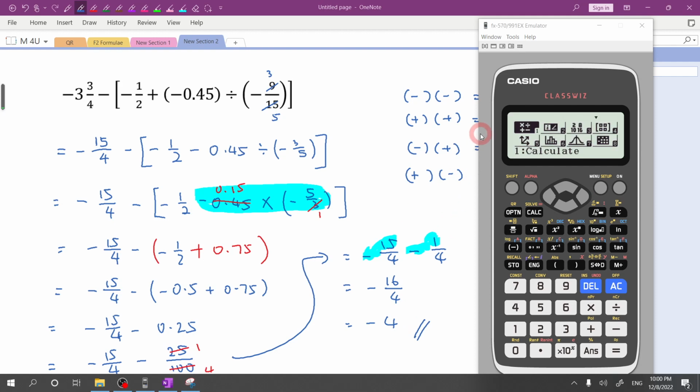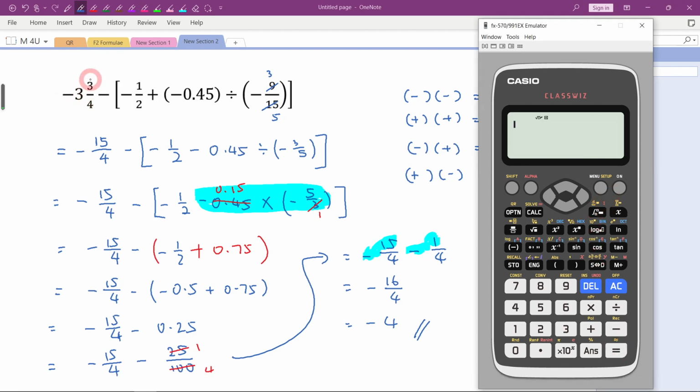In case you're still not really sure how to use your calculator, let me show you. I want to key in the mixed number. Press this first, then negative 3 over 4 like this. Some students don't want to key in this way. You can key in this way as well. Negative 3 first, then press this. Both are the same.